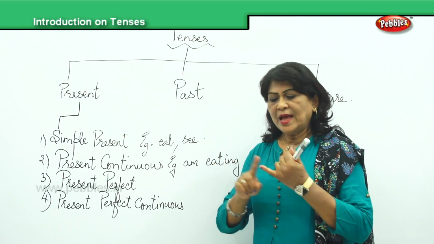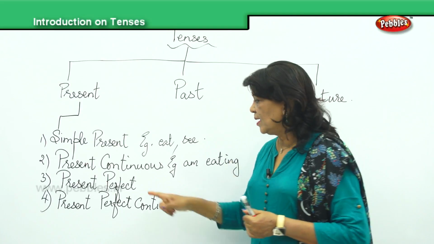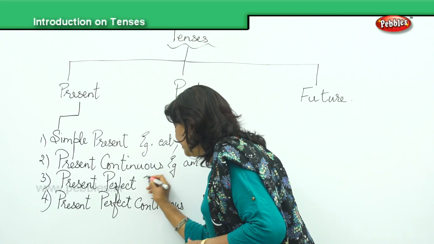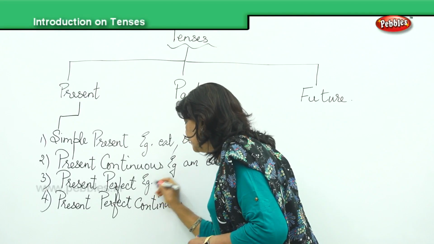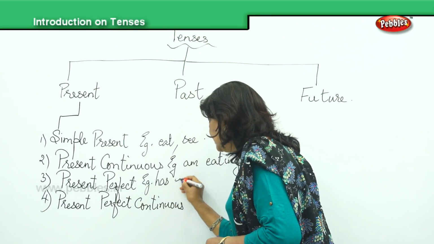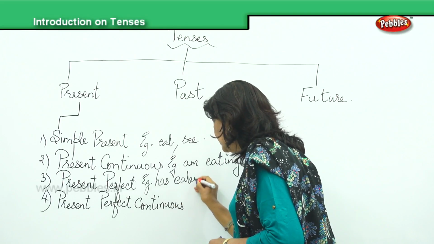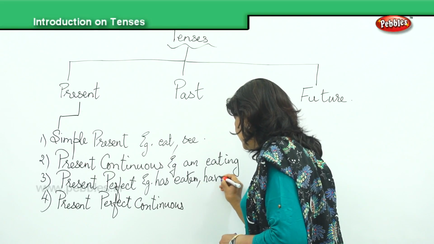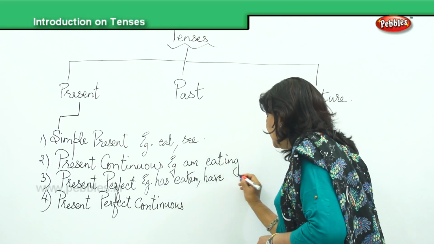Okay? Have and has only comes for present perfect tense. So, I will write that as an example. Has eaten, or have seen.